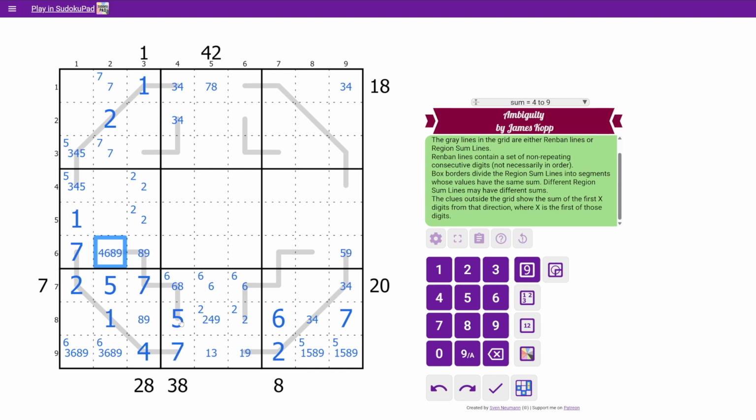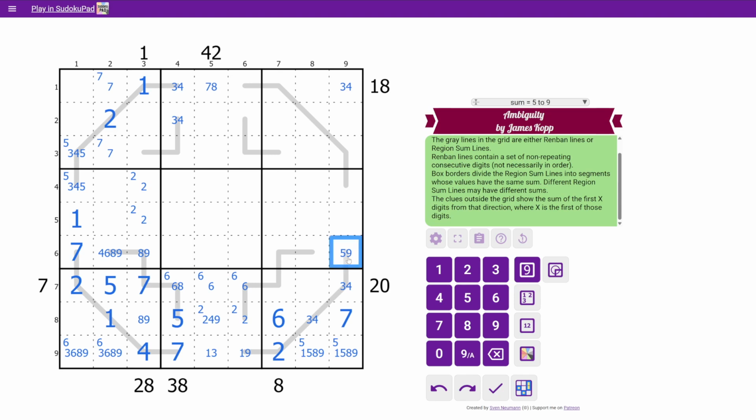It could be 4, 5, 6, 7, 8 still. But if this is a 6, I have to remember that this is 9, 8 and a 3. So if it was 4, no, what was the other way? If this was a 5, the 9 would go here.